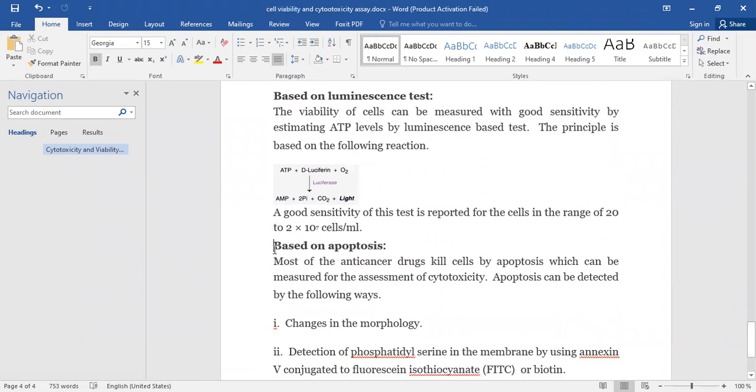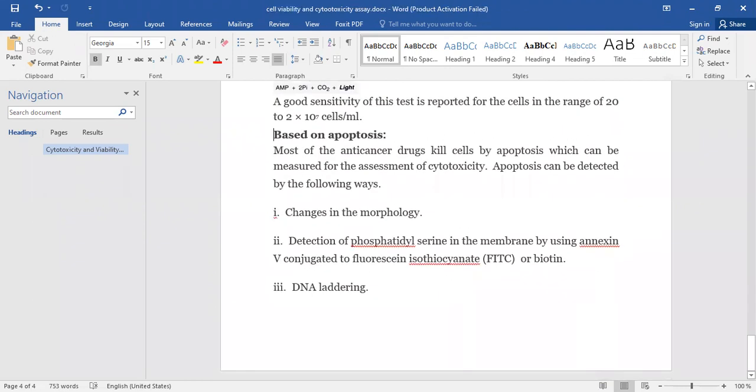The next is the viability test on the basis of apoptosis. Apoptosis is the process by which cells die, and some anti-cancer agents will kill the cells. So this test is used for the cytotoxicity test. Some drugs will kill the cells, which will be analyzed for cytotoxicity.